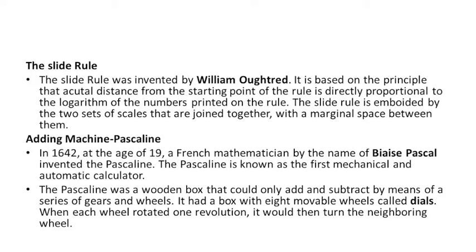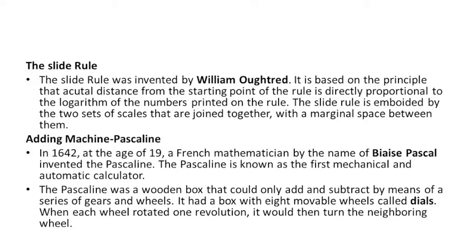Adding machine, Pascaline. In 1642, at the age of 16, a French mathematician by name Pascal invented the Pascaline. The Pascaline is known as the first mechanical and automatic calculator. The Pascaline was a wooden box that could only add and subtract by means of a series of gears and wheels.